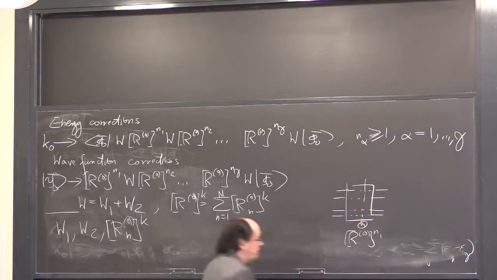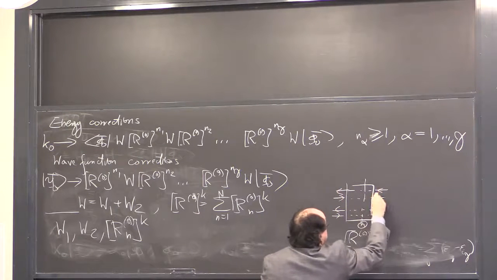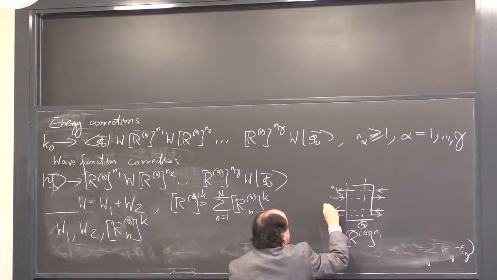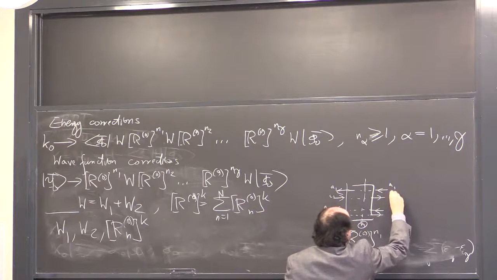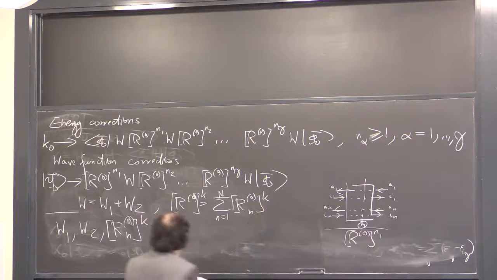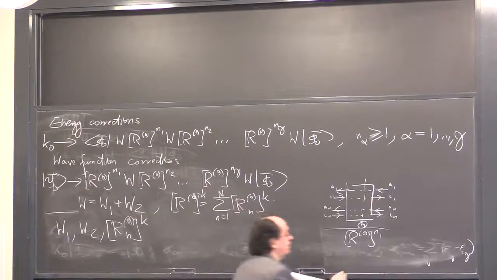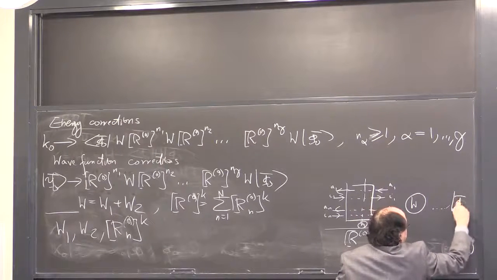Here N1, we have a resolvent that has lines A1, I1, say AN, IN, if it's an n-body part of it. So this is this resolvent. Then we have a W, and then we may have the rest of it. Then we have some W, and at the end we have phi0.